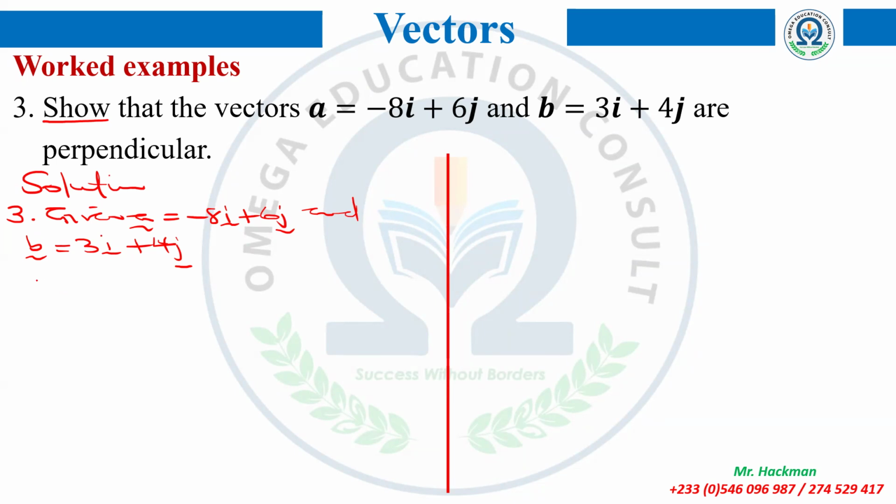So you write, for perpendicular, A dot B should be equal to 0. That's the condition. If you dot and you get 0, then the two vectors are perpendicular. You don't have any business going to find the size of the angle. Is my point well made?